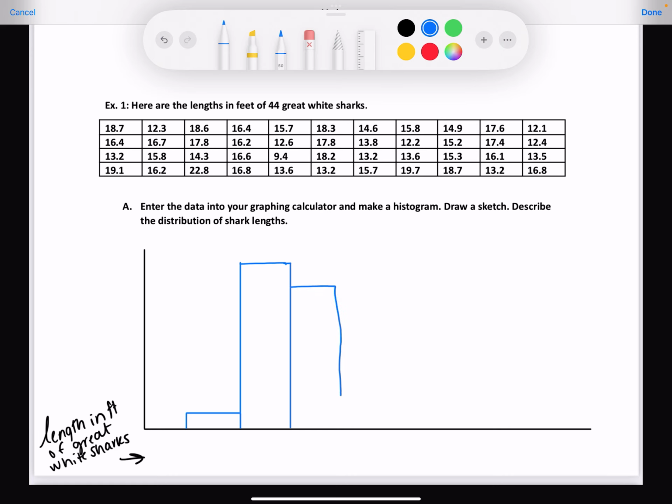Let me zoom out. Yeah, mine looks something like that, Nathan. Exactly.